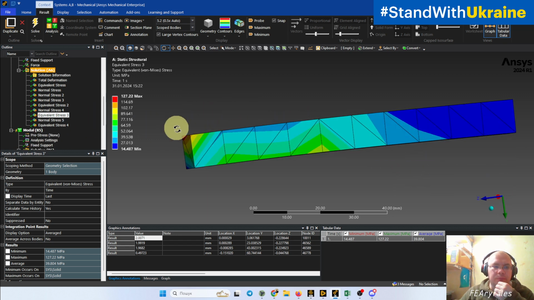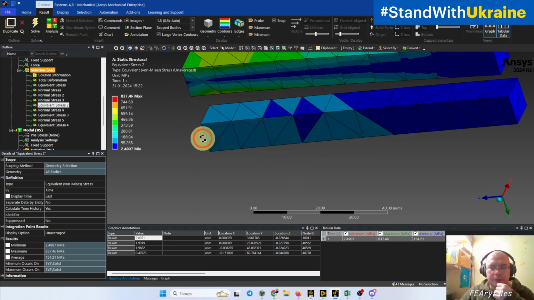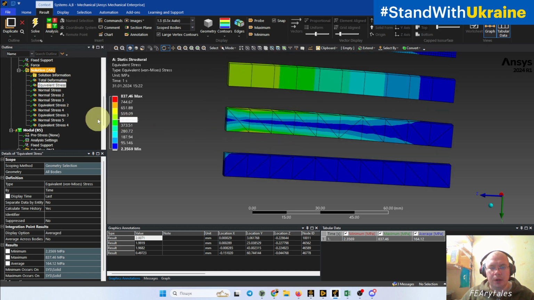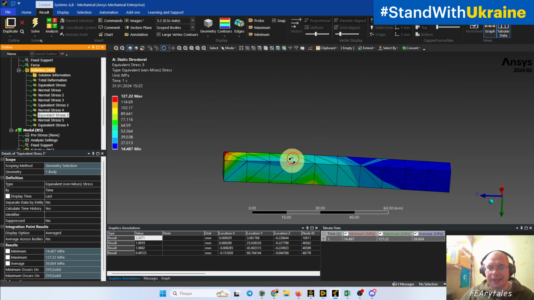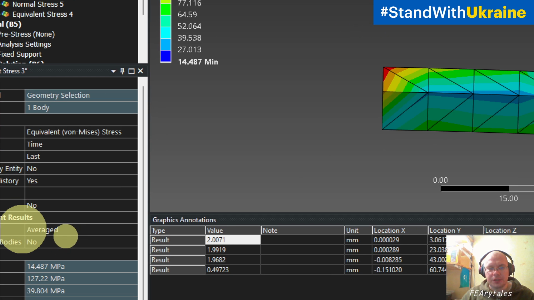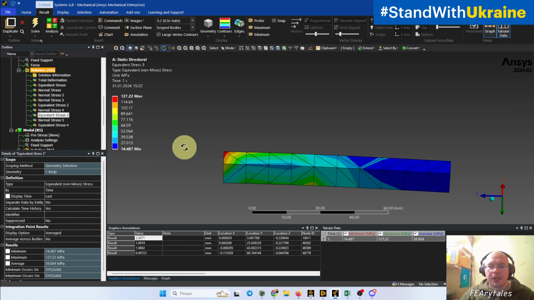And the reason why it's inaccurate is the non-averaged stress distribution. Because when we talk about this one, or even this one, it's averaged. What does it mean?